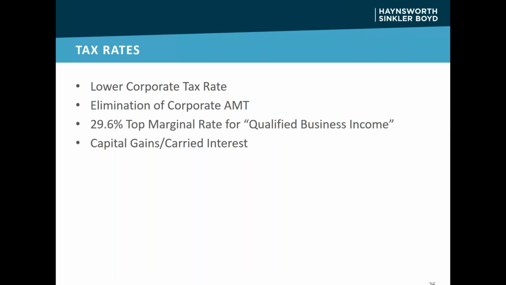So if you have a gain that is recognized after 2017, regardless of when the taxpayer acquired the partnership interest, disqualified amounts are treated as short-term capital gains, which are subject to the ordinary income tax rate, which is the maximum rate of that 37%.